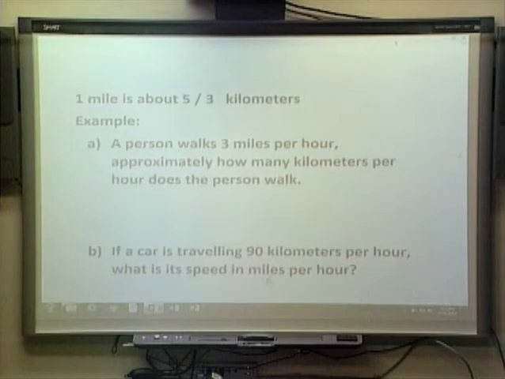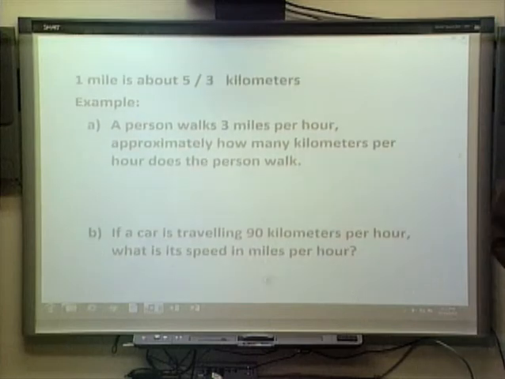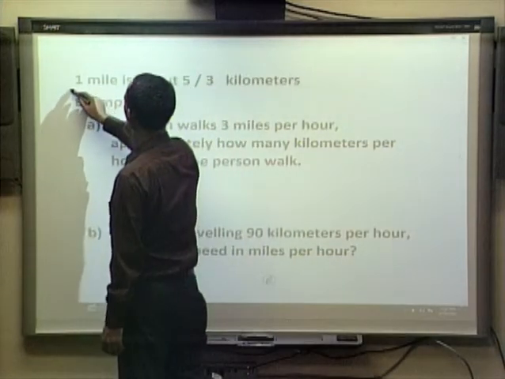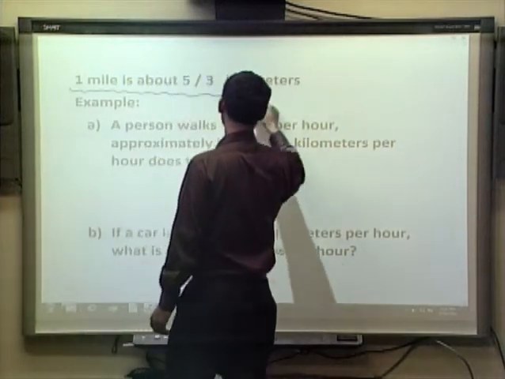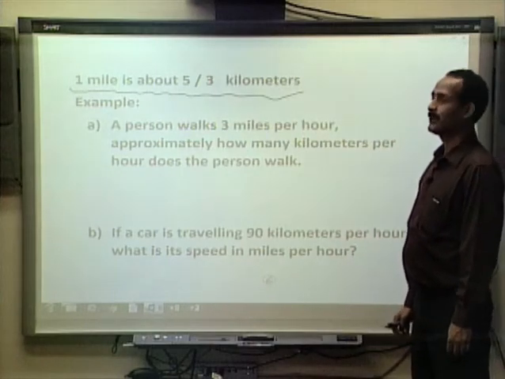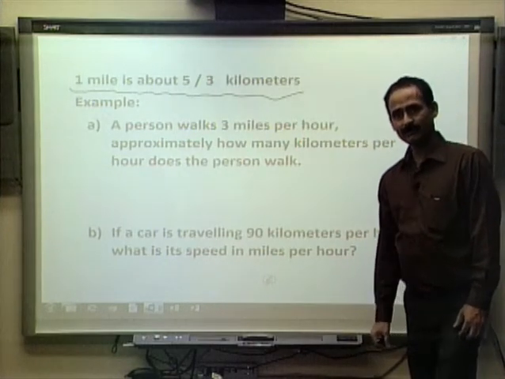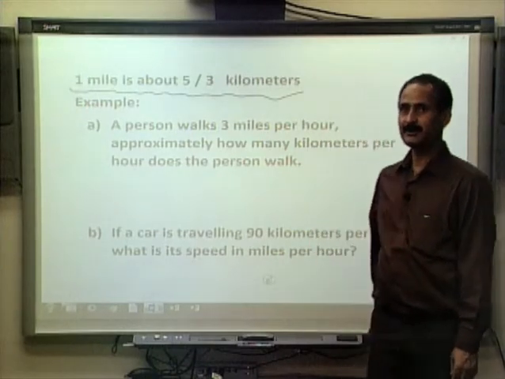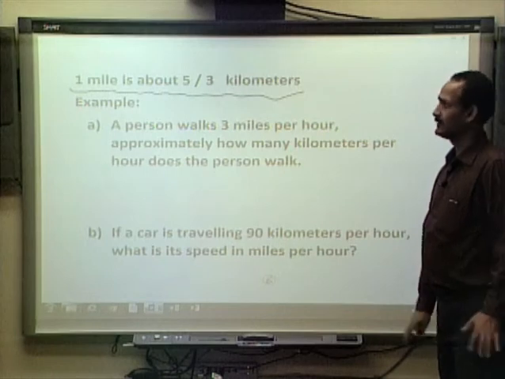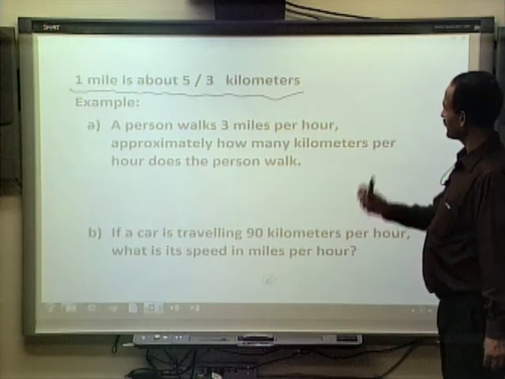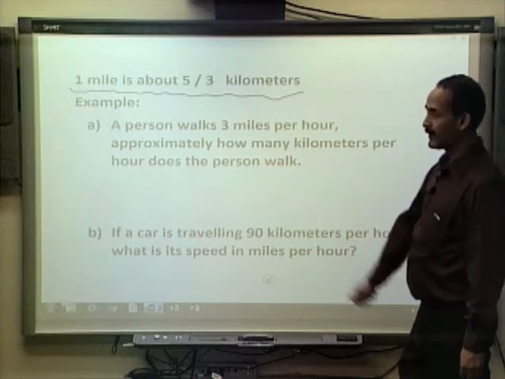Let's look at one problem here. In US we use mile to represent the length. So, 1 mile is about 5/3 of a kilometer. So, a mile is a little bit longer than a kilometer, 5/3 of a kilometer. It does not look like exactly 2 kilometer, but a little bit less than 2 kilometer, more than 1 kilometer.